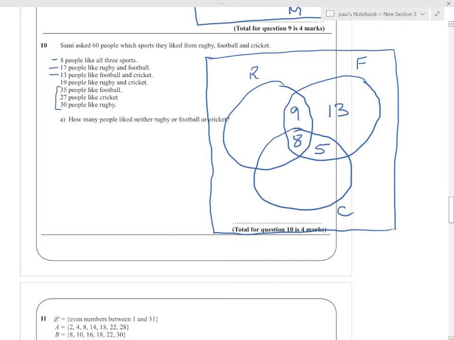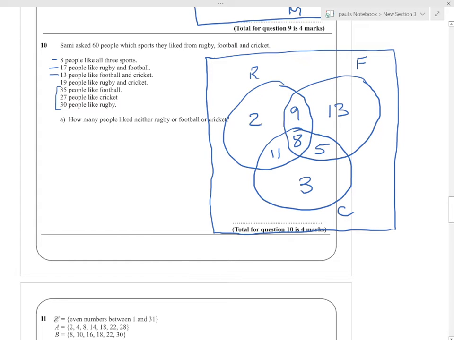Now we know we've got 8 of them there. So that will leave 11 that go in there. So how many people like rugby? 30 people like rugby. So we've got 28 of them, so there must be 2 up here. And how many people like cricket? 27. We've got 19, 24, and there's 27, so there must be 3 people down here.